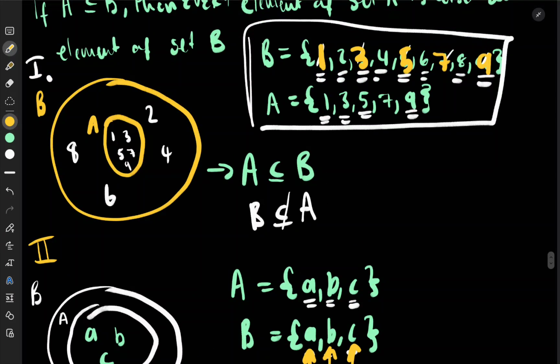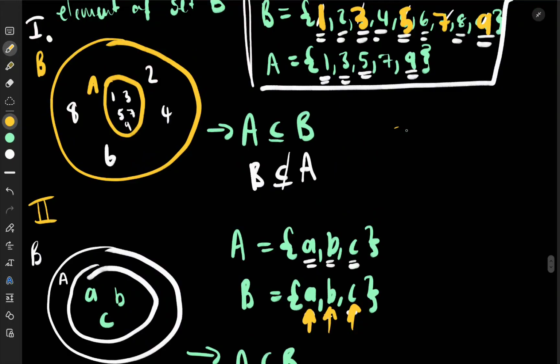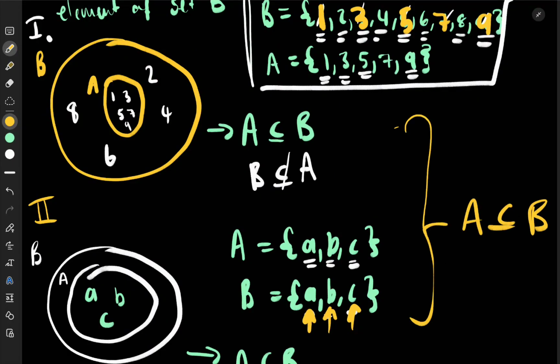Either A would be smaller than B and contained inside, or A and B would be exactly the same size. But in both situations, A is a subset of B.